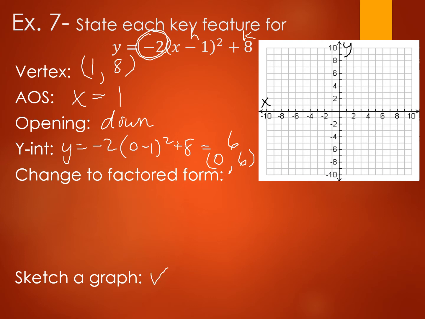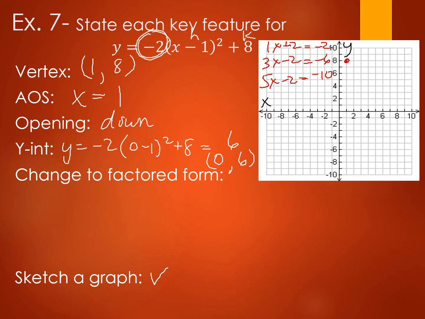And let's do our sketch first. Step pattern, 1, 3, 5, multiplied by your a value, which in this case is -2, which gives us -2, -6, -10. Plot your vertex, step 1, so 1, 8, right there.